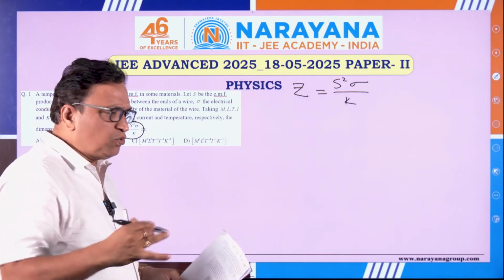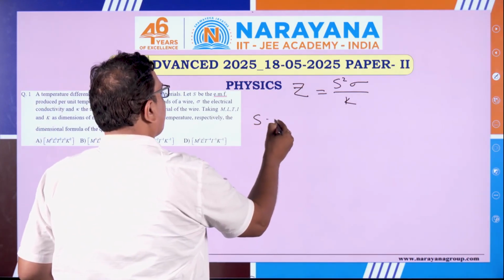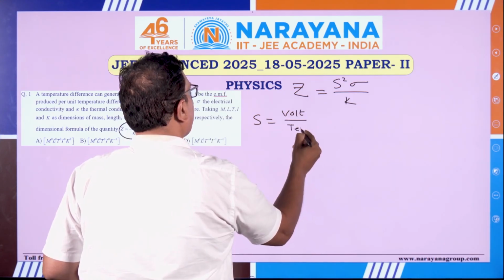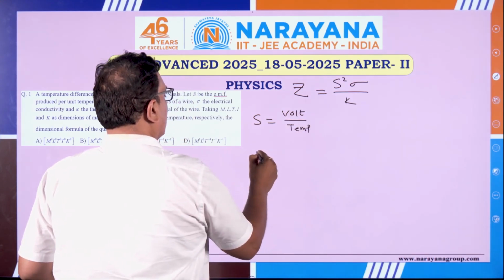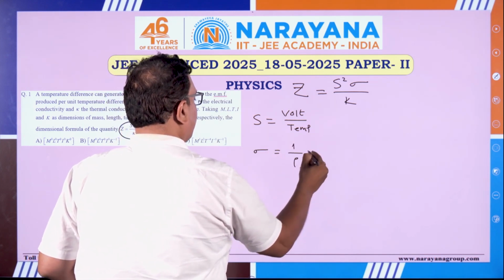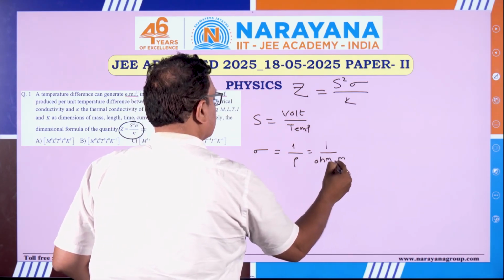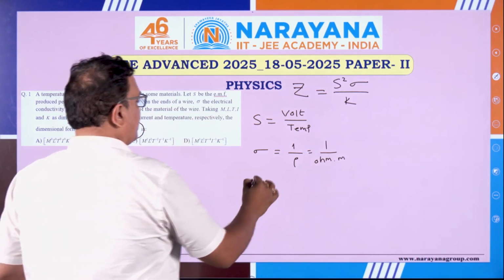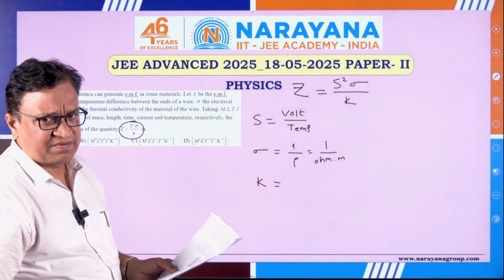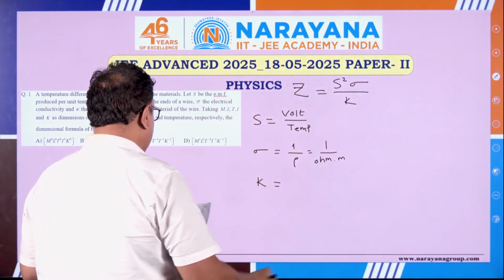See, you need to do much cleverly in this. The concept of S I can understand as volt by temperature. You know what is the sigma? Reciprocal of resistivity, which means ohm meter inverse units. K is the coefficient of thermal conductivity, and the units of this is very clear.